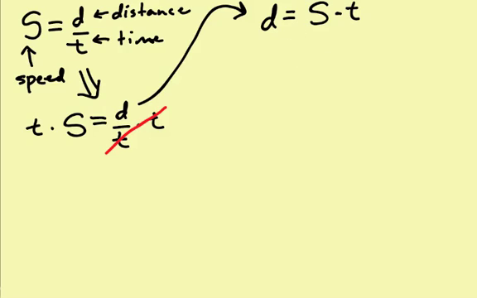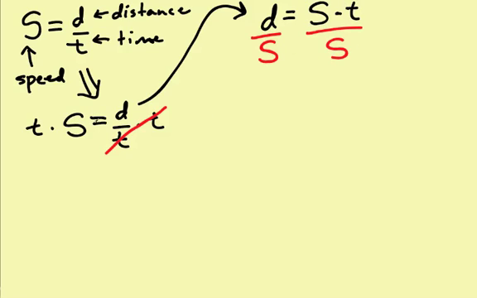Now, my next step is I'm going to go ahead and divide both sides. Let's find a darker color. And we're going to divide both sides by S. And we can go ahead and do this because as long as we're doing something to the left side of the equation, we do the same thing to the right side of the equation.